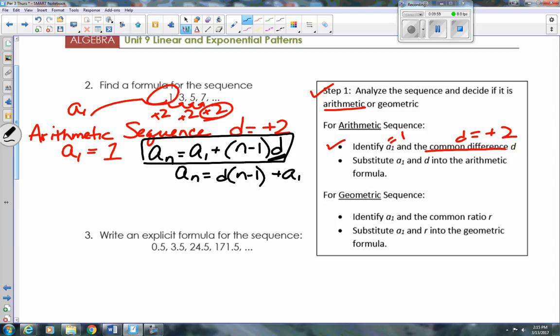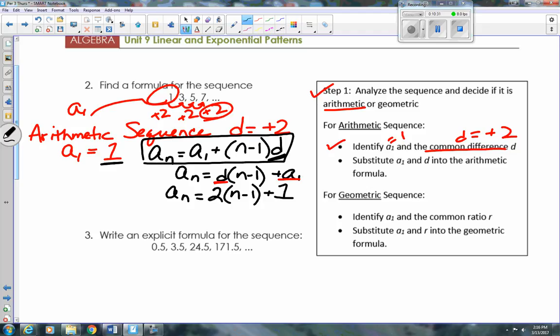This kind of mimics our y equals mx plus b, only I'm going to substitute in now values for d here and values for a1. When I do that, I get a subscript n is equal to a value of 2 for d times n minus 1, and plus a value of a1, that's 1, so I'm putting 1 in.